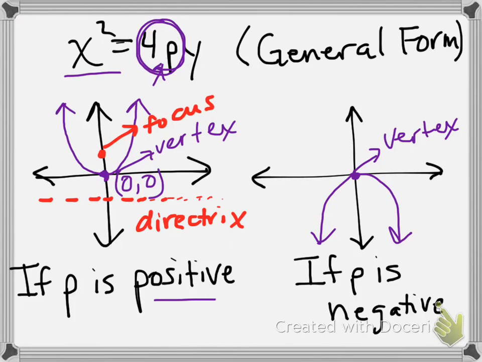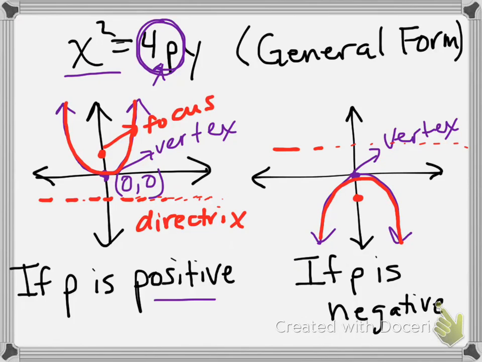The directrix I like to think of as telling us which direction to graph, because the directrix never actually touches the parabola. So if the directrix is down here, then the parabola has to open up. And if the directrix were up here, then the parabola would have to open down. And on a downward facing parabola, we're going to have the focus in here also.